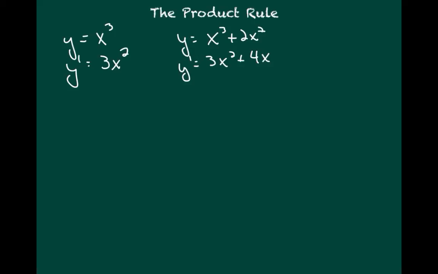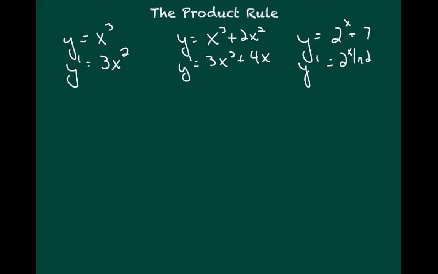And if we had something like y equals 2 to the x plus 7, we could just get the derivative of that as 2 to the x ln of 2 plus 0. So these are pretty basic functions, and they're examples of everything we know.